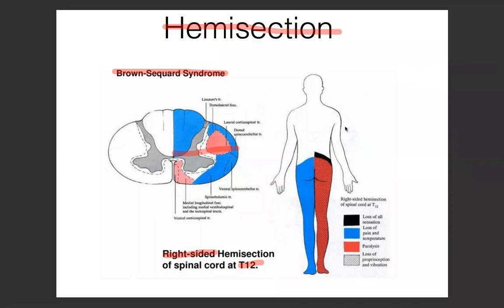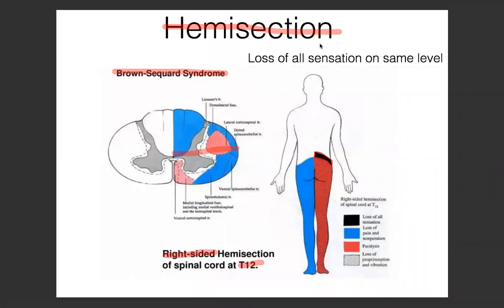On the same level of the spinal cord, you lose all sensation, okay? So if this is the area of the damage, on the same level, you lose everything. Okay, so on the same level, you're losing all of your sensations. Why?